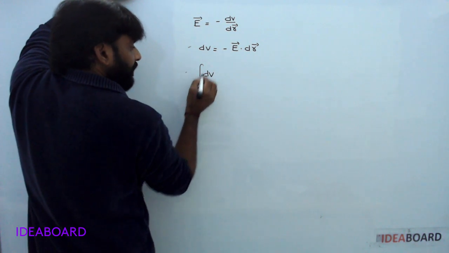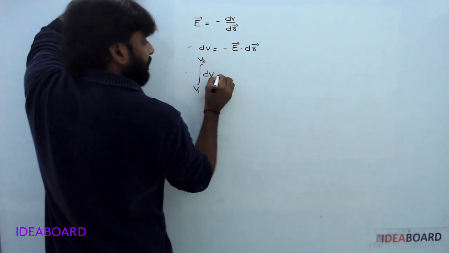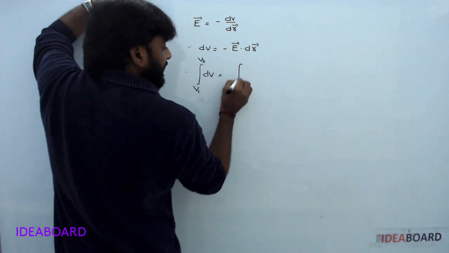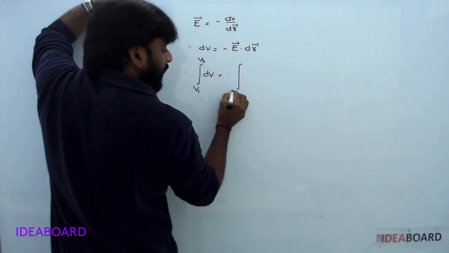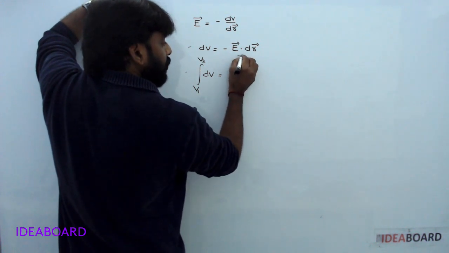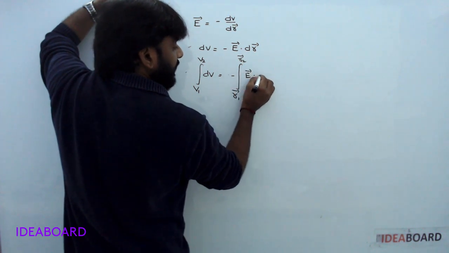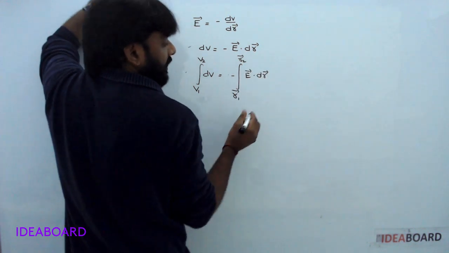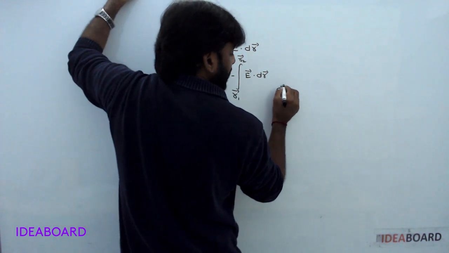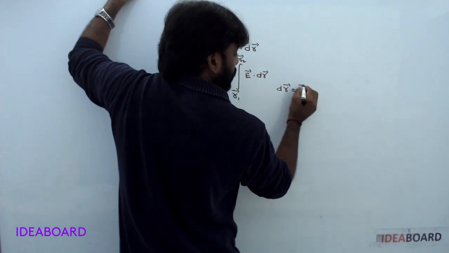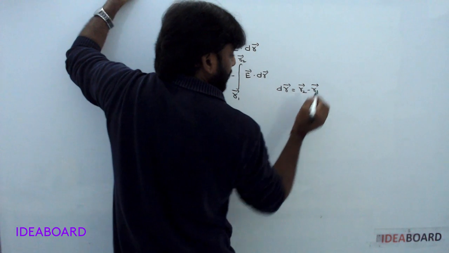Integrating dV from V1 to V2 equals integrating from R1 bar to R2 bar of minus E bar dot dr bar. Here dr bar is nothing but R2 bar minus R1 bar.